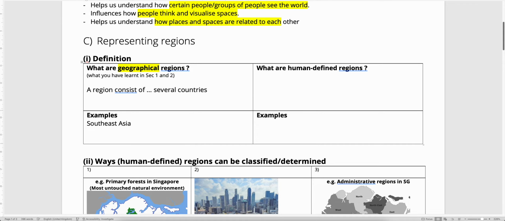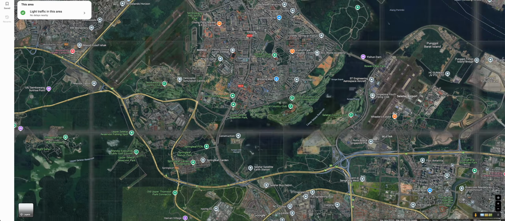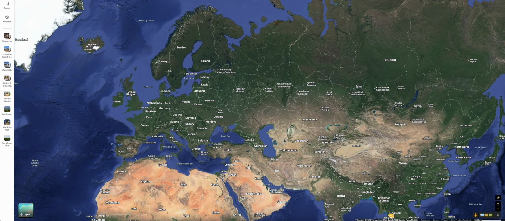You may also have heard of, let's say, Western Europe. Western Europe is a group of countries in Europe, like France, UK, Germany and stuff like that. So maybe let's load up the map, it'll be easier to see. So a few of these countries here are from Western Europe. That's another region.